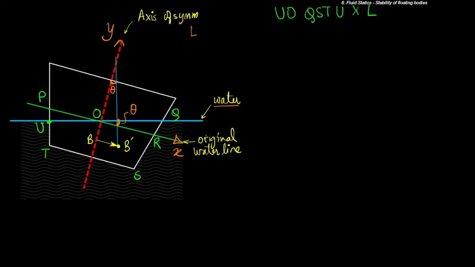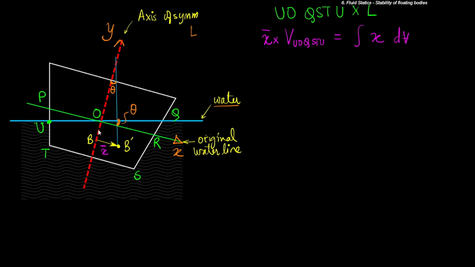Now let us try to find out what this particular shift is. Let us call this shift X prime. The mathematical equation of X prime would be X prime multiplied by the submerged volume, that is the V of U, O, Q, S, T, U, and this is actually the integration of X times dV over the submerged volume.